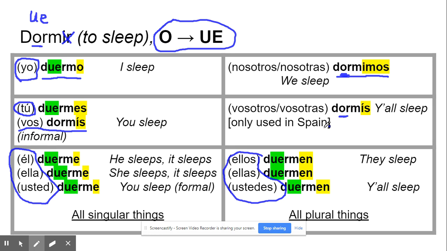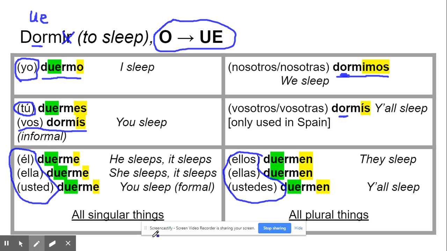We have dormís on here twice. Then the last form is duermen. We see that green highlight right there in the ellos, ellas, ustedes form. And so the O changed to a UE, and then I added the regular IR verb ending. Duermen means they sleep or y'all sleep.